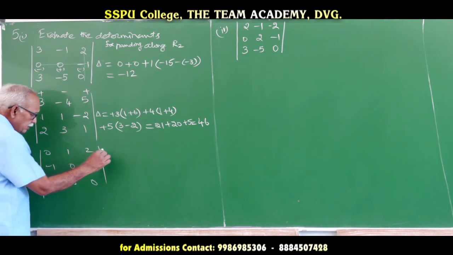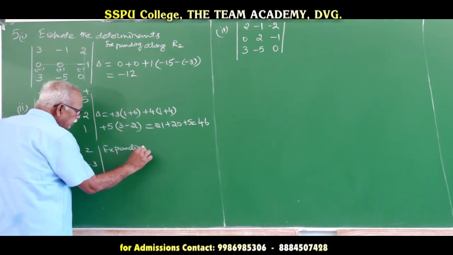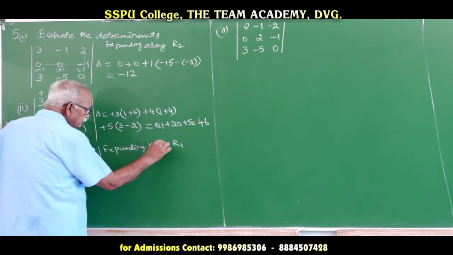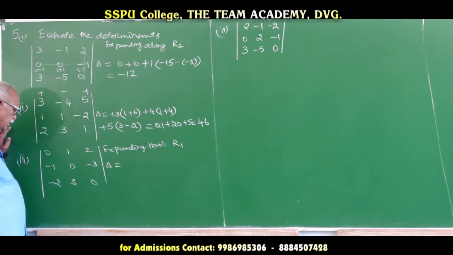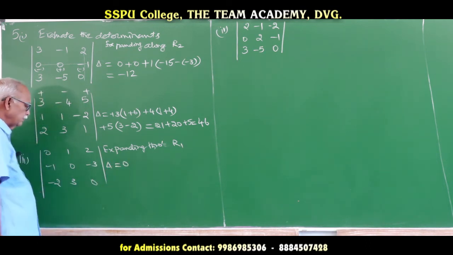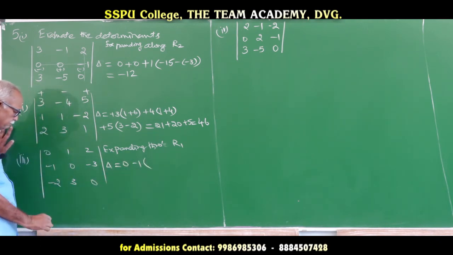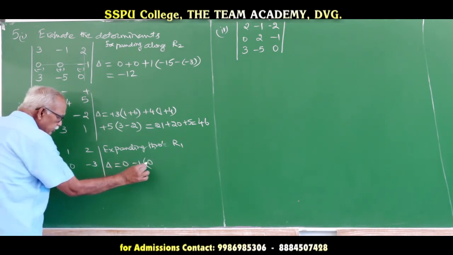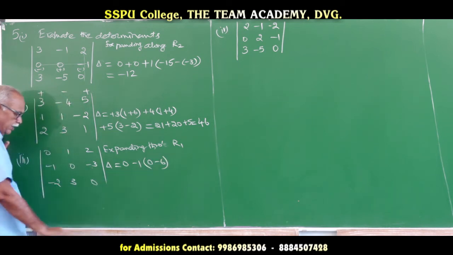So, I am expanding it through first row. Like that here, the third question, expanding through R1, we get delta is equal to, first element is 0. Here we have to take minus sign, minus 1 into. So, eliminate this, minus 1 into 0 is 0. So, it is plus 6, which is minus 6 it becomes.